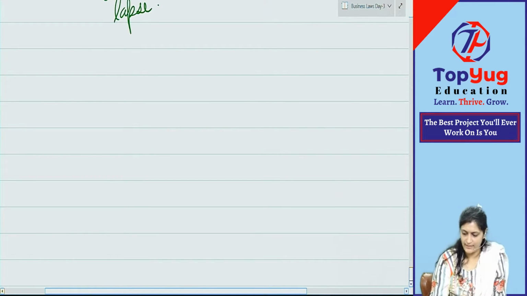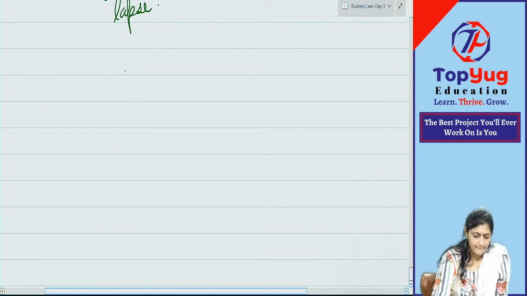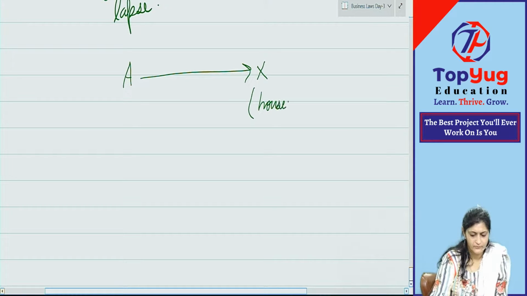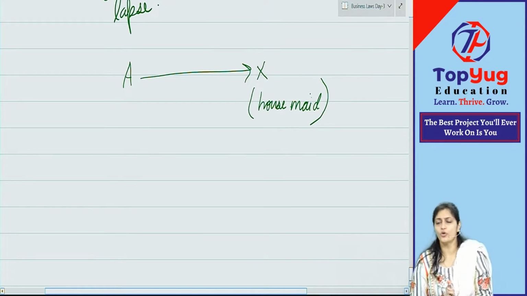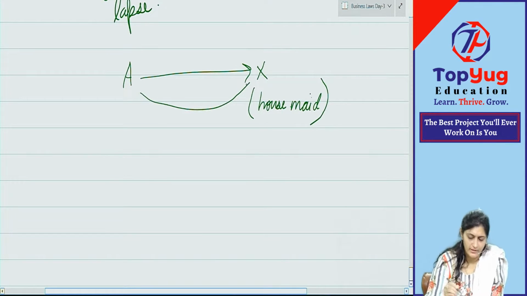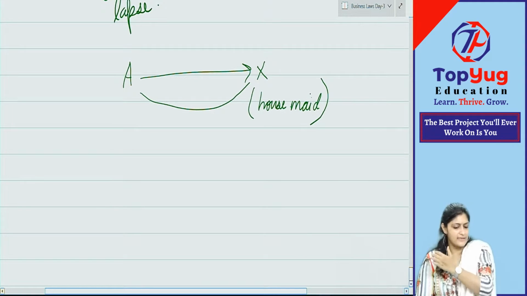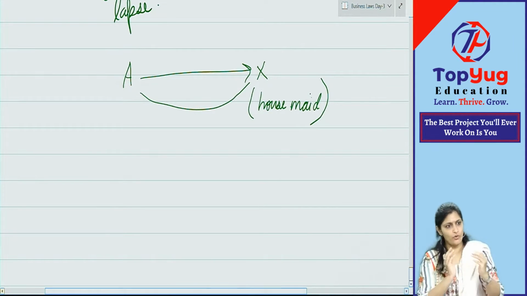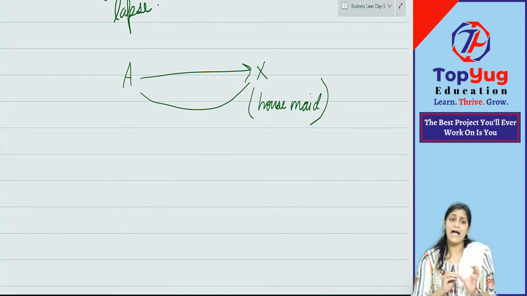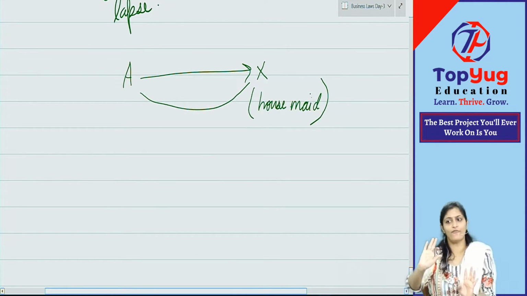Same, if I give you one example. There is this person A and X. X is the housemate. Now, A wants to hire this housemate. A is saying, I will hire you for my household work. I will pay you the price which I think is good enough for you after some time.